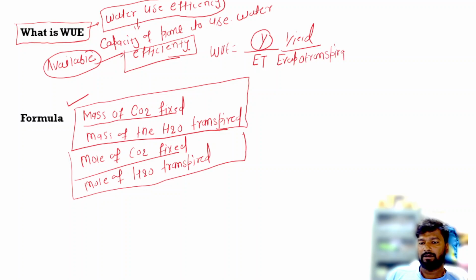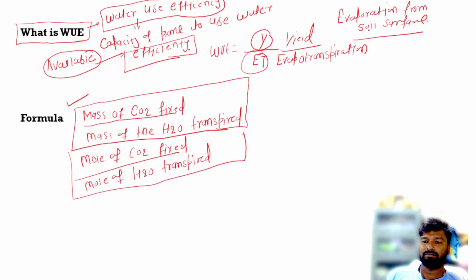Okay, so this ET includes the evaporation from soil surface, then transpiration.